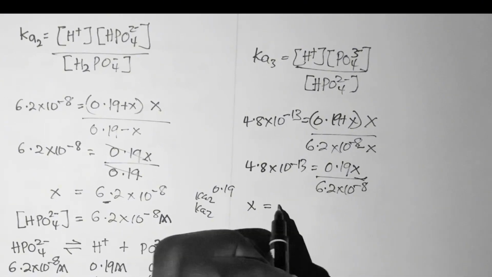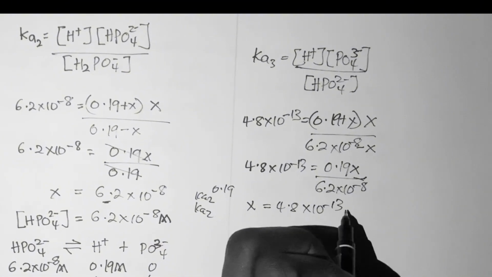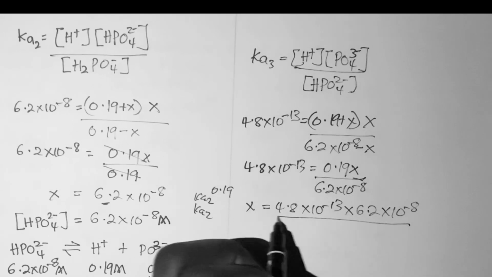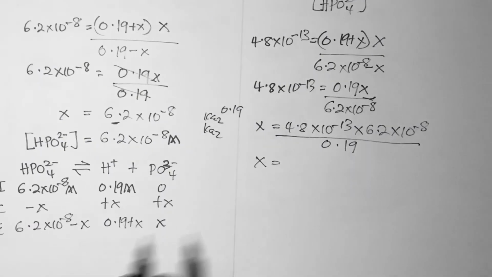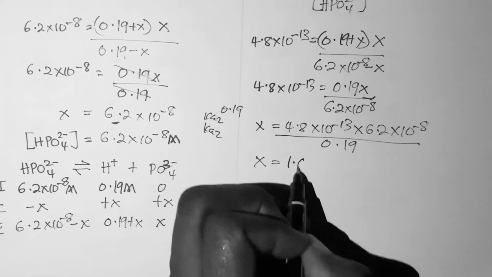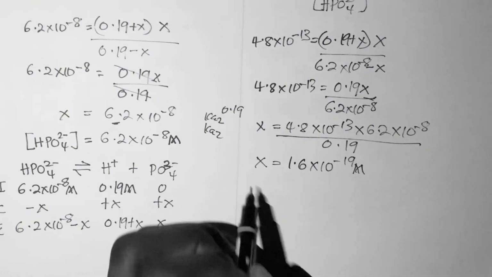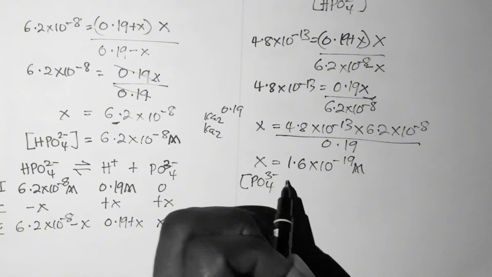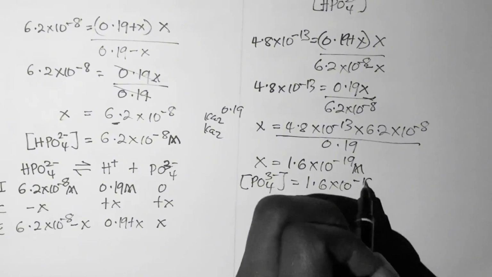So x is equal to 4.8 times 10 exponent minus 13 times 6.2 times 10 exponent minus 8 divided by 0.19. And if you do this, you get x equals 1.6 times 10 exponent minus 19 molar. So it implies that the concentration of the PO4 3 minus is equal to 1.6 times 10 exponent minus 19 molar.